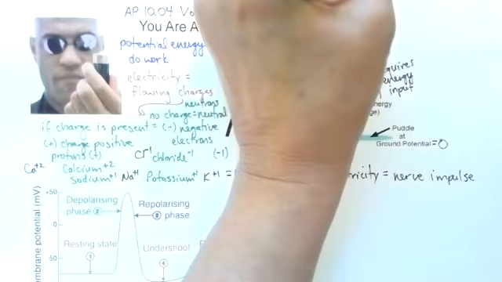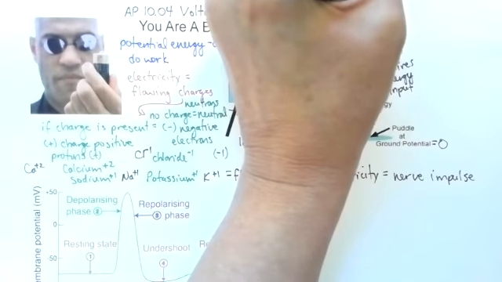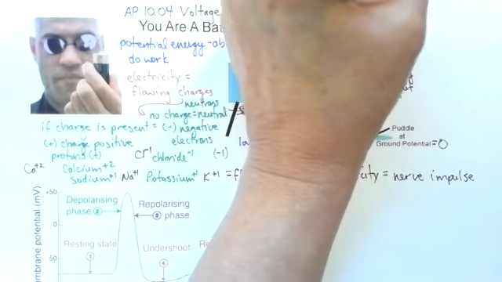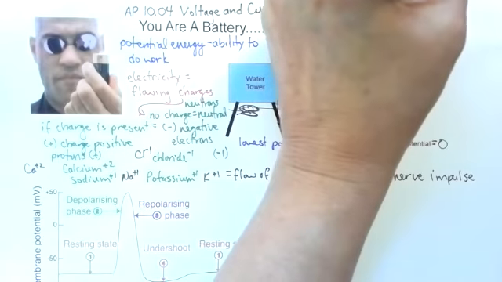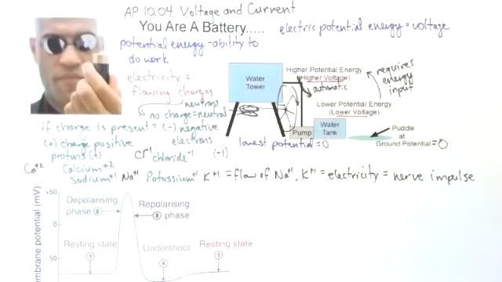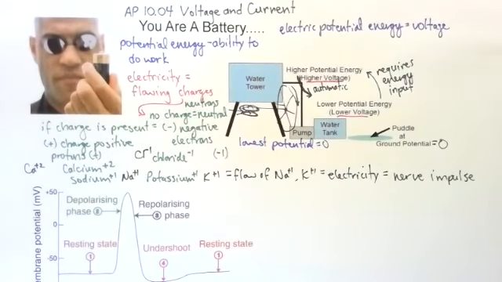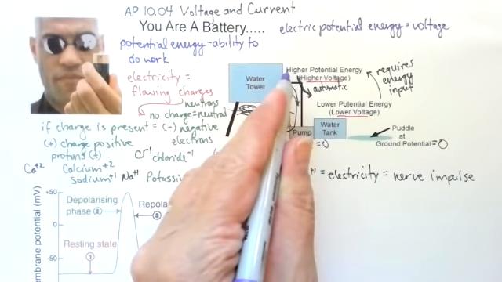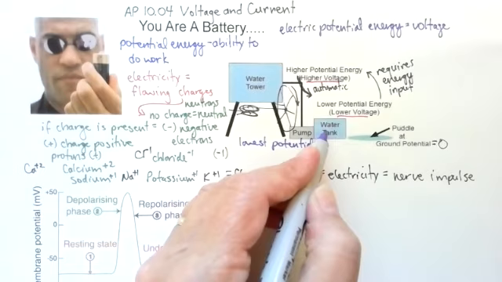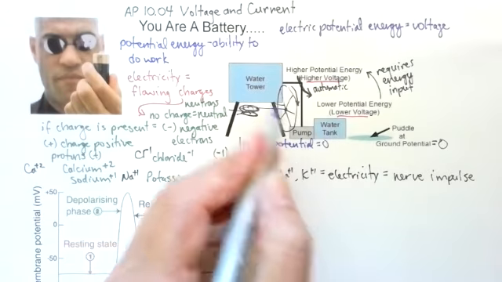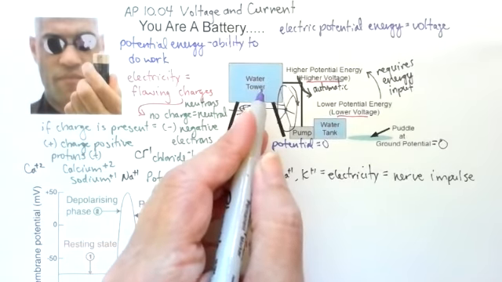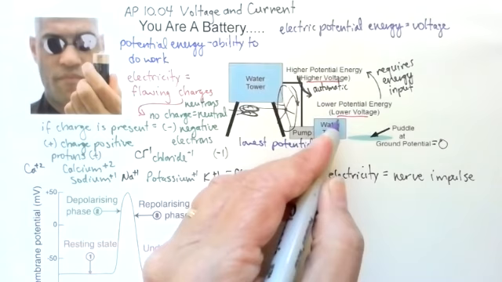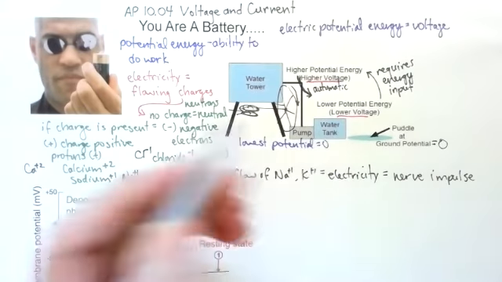A better way to say it is the term for electric potential energy is voltage. So what that means is that here we have water flowing from higher gravitational potential energy to lower gravitational potential energy. In an electrical system, charge will automatically flow from higher voltage to lower voltage.